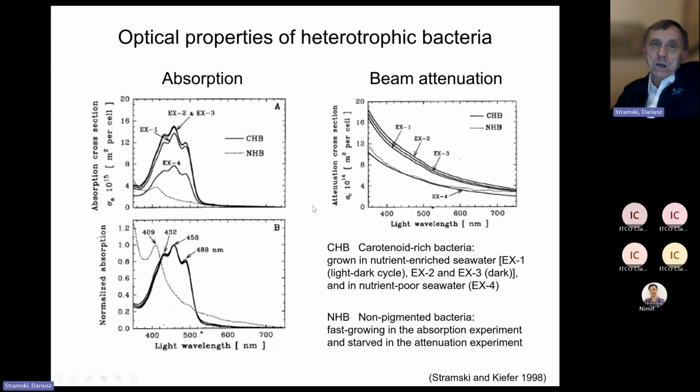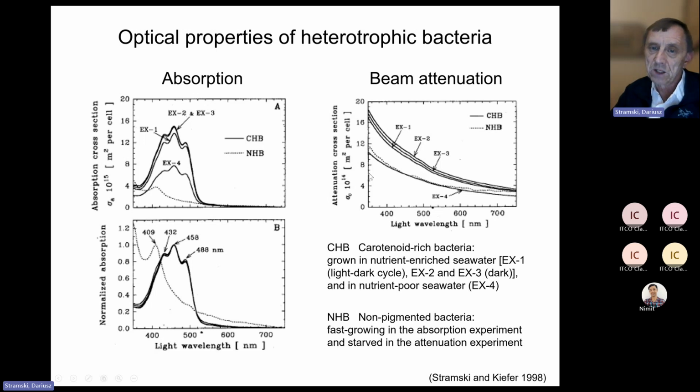I will also briefly show you a few data related to heterotrophic bacteria. So we have data of absorption on the left-hand side, and beam attenuation. Beam attenuation is largely determined by scattering. So you can see in different experiments the scattering by heterotrophic bacteria. We have cells that are about 0.5, 0.6 micron in size.